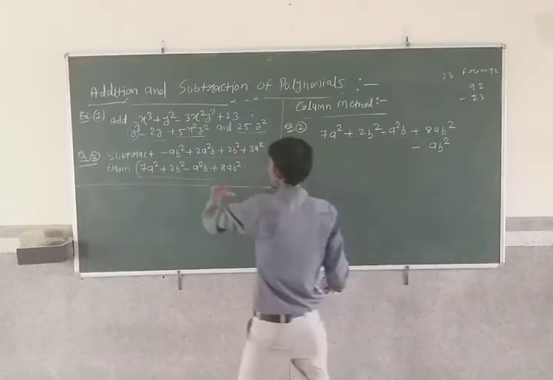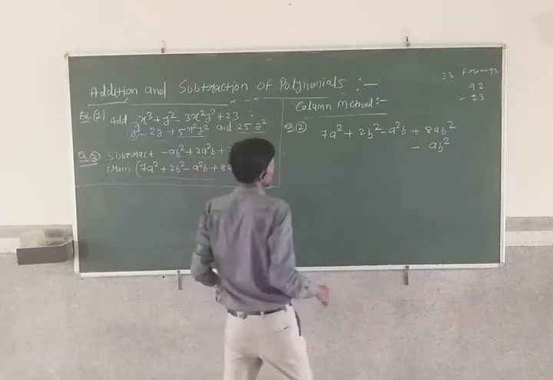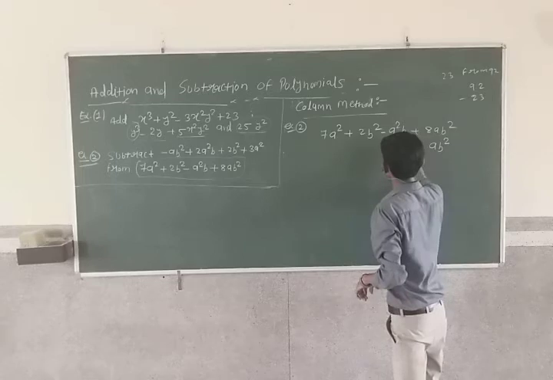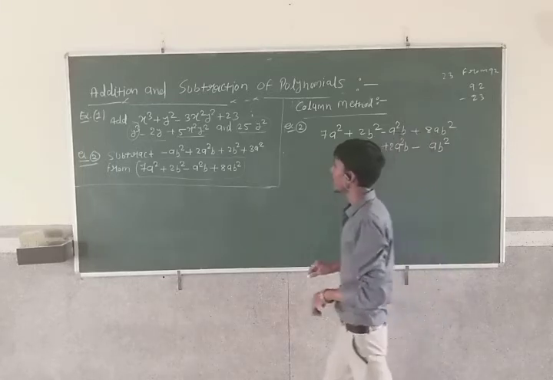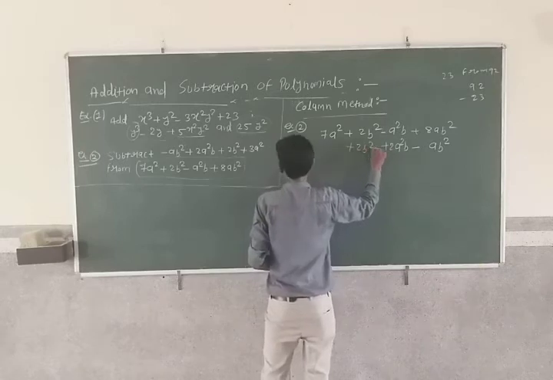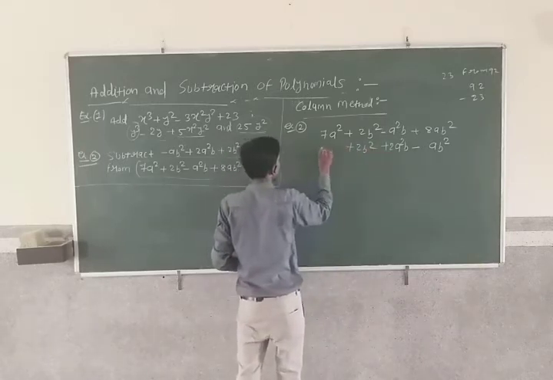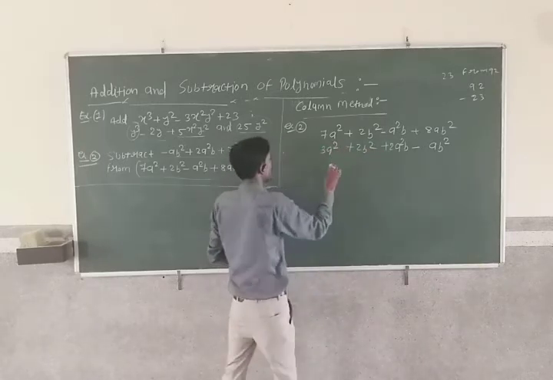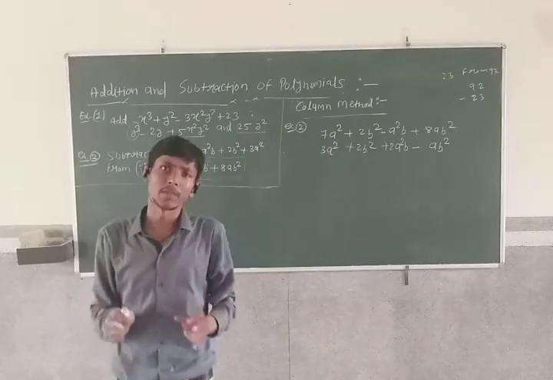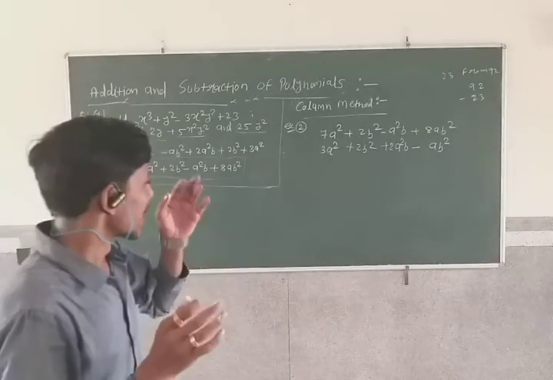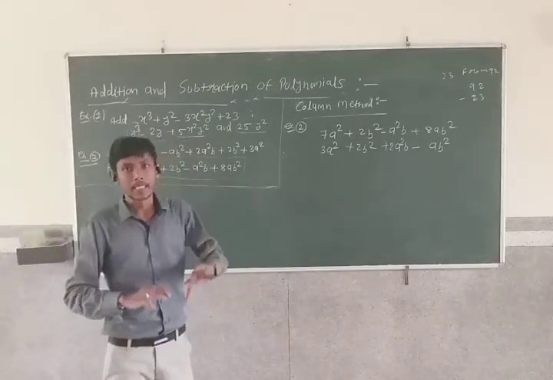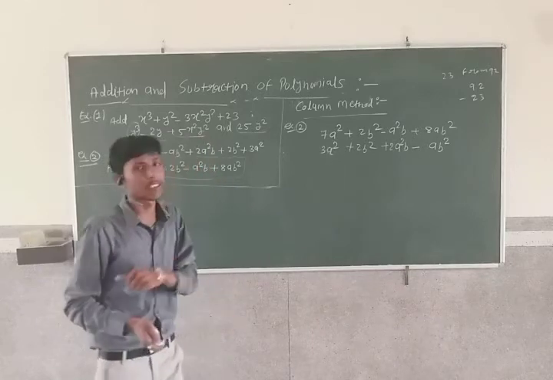Now this is 2a square b, so it will be written downside of the a square b term. Now 2b square will be written downside of the 2b square, and a square downside of the a square. So we write the terms having the same variable in the same columns. Then now we need to subtract.